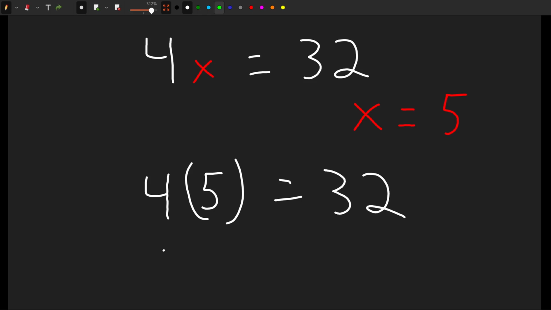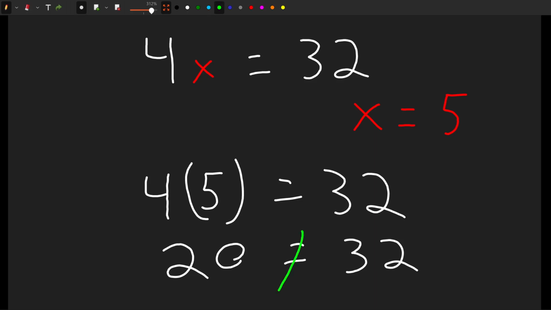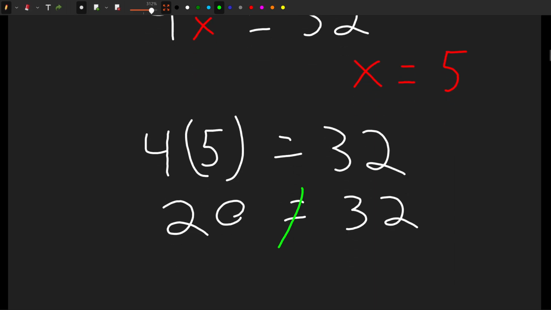And 4 times 5 is 20. In this case, we see that 20 is not equal to 32. So we draw a not equal sign in the middle. 20 does not equal 32, which means this is false. So for this problem, 4x is equal to 32, x equals 8 is a solution, x equals 5 is not a solution.